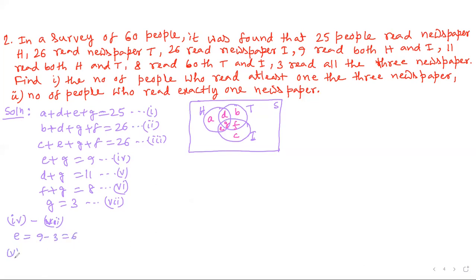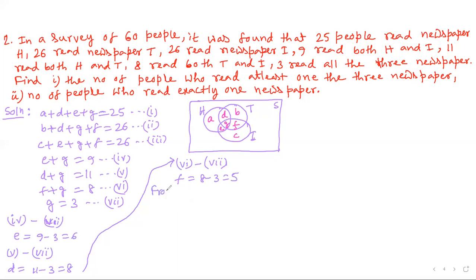Similarly, you can apply equation 5 minus equation 6. Then you will get the value of D, that is 11 minus 3 is equal to 8. Now, if you apply equation 6 minus equation 7, then you will get the value of F, that is equal to 8 minus 3 is equal to 5.